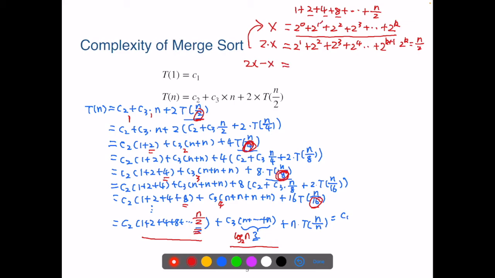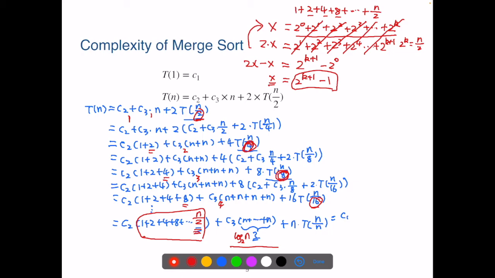That'll get rid of the middle terms for us. What's left is 2 to the power of k plus 1 minus 2 to the power of 0. Now it should be really clear. So x would be 2 to the power of k plus 1 minus 1. That is our answer.